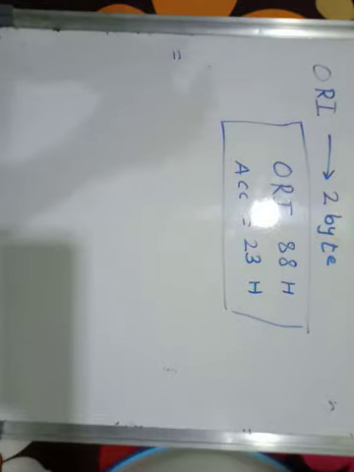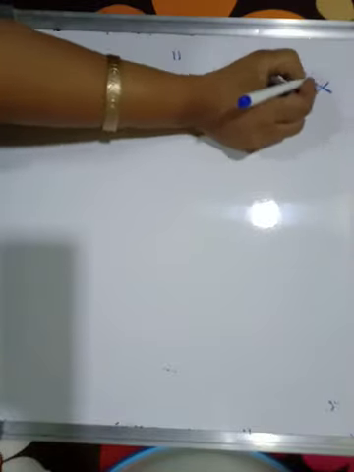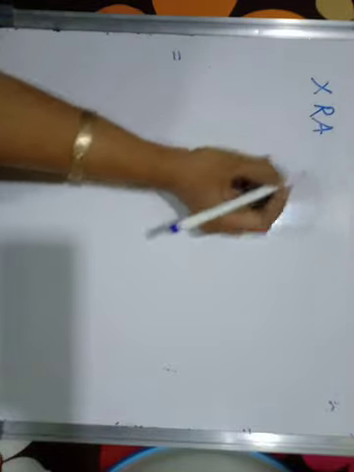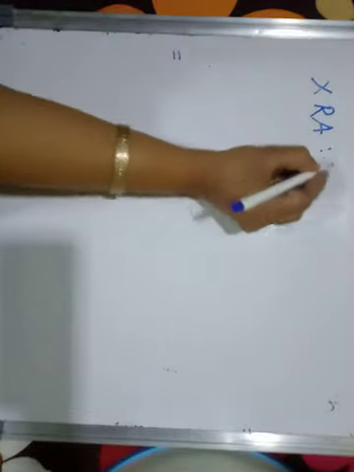Okay. Now these 4 instructions of the logical group we have seen. Now next we are going to see XRA. Which instruction is it? XRA stands for exclusive OR with accumulator.